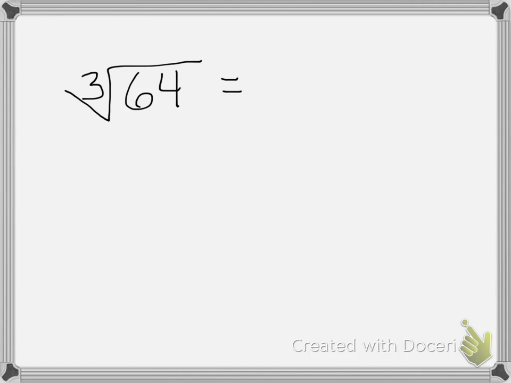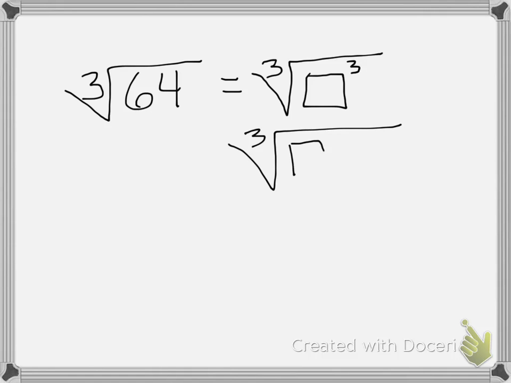Don't use your calculator right now, so that you understand what it's asking, because again, eventually we're getting to variables. You're looking for something times something times something. I need to know that times that times that.